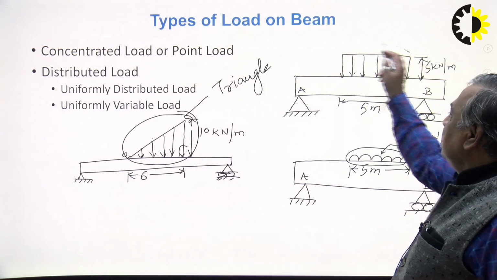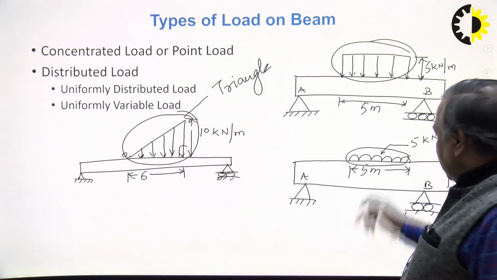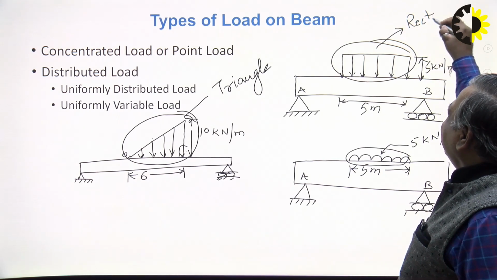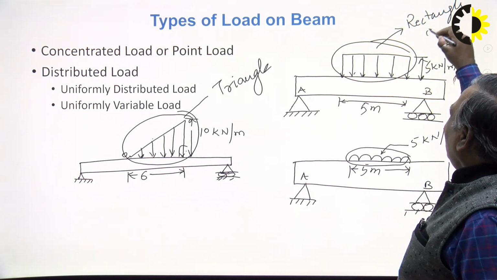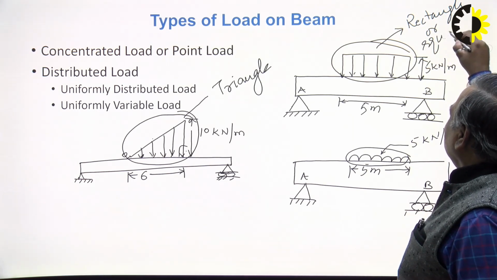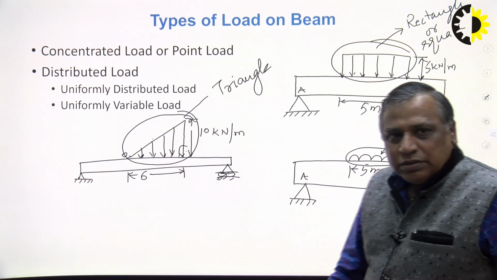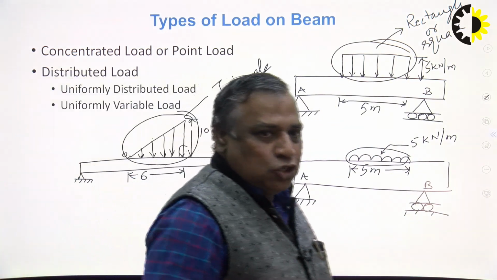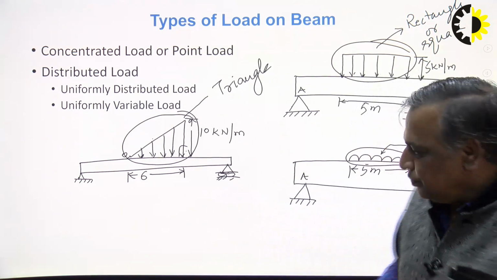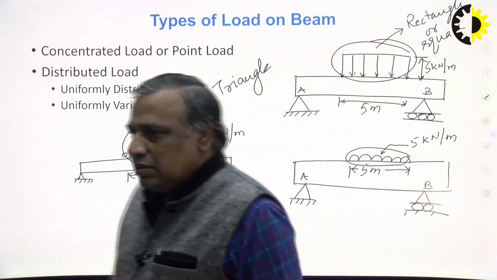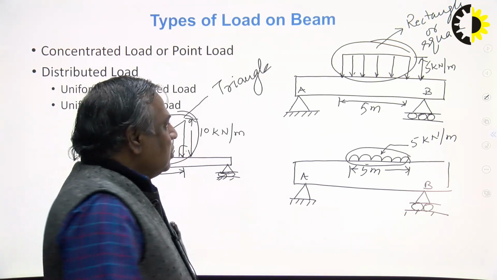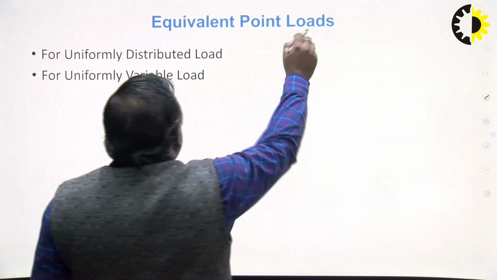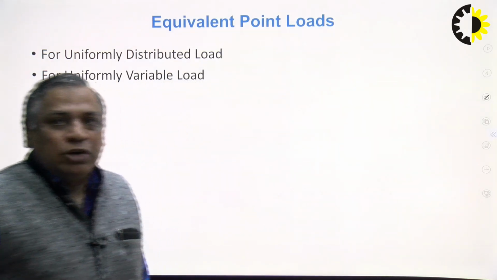And this shape is a rectangle, or it may be a square. We need to remember these two things for the distributed or variable load. Now, in the next slide, we will try to learn how we will get the equivalent point loads.